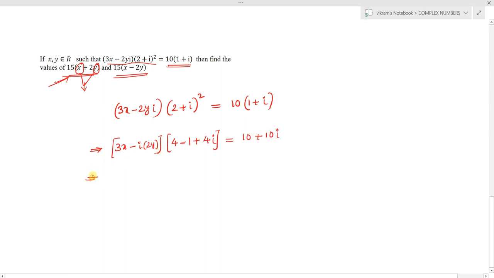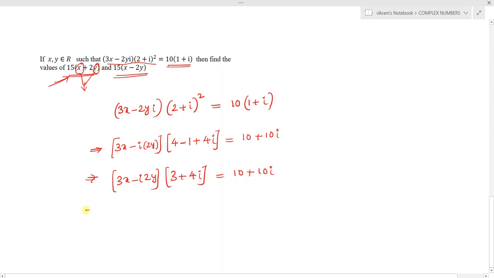So we get (3x minus i times 2y) into (3 plus 4i) equals 10 plus 10i.